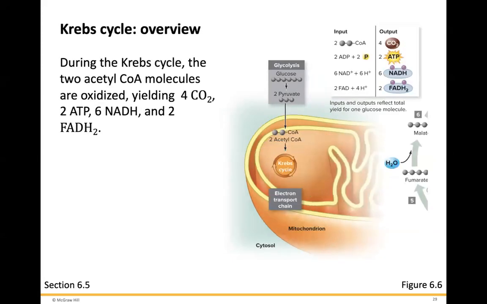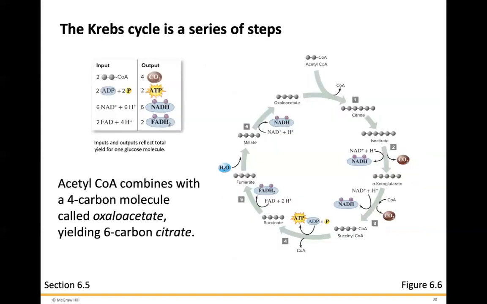Now, looking at the Krebs cycle in a little more detail, during the Krebs cycle, the two acetyl-CoA molecules are oxidized, yielding 4 CO2s. You will also yield 2 ATPs by substrate level phosphorylation, 6 NADH molecules, and 2 FADH molecules. The Krebs cycle is a series of reactions.